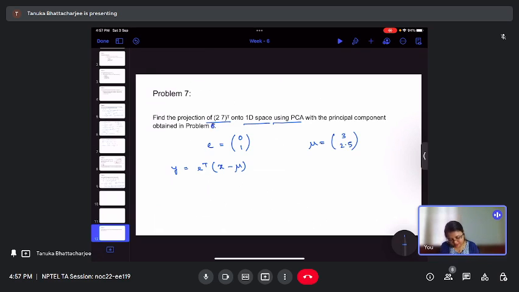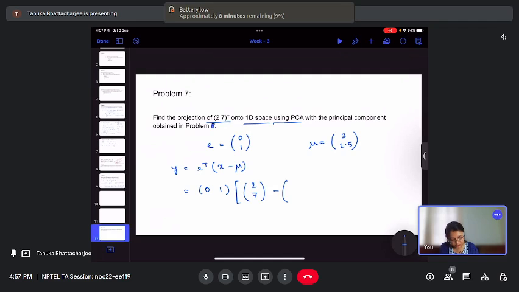So, if you simply take this 0, 1 times x, which is (2, 7), minus mu, which is (3, 2.5), that is 0, 1 times (minus 1, 4.5), right.